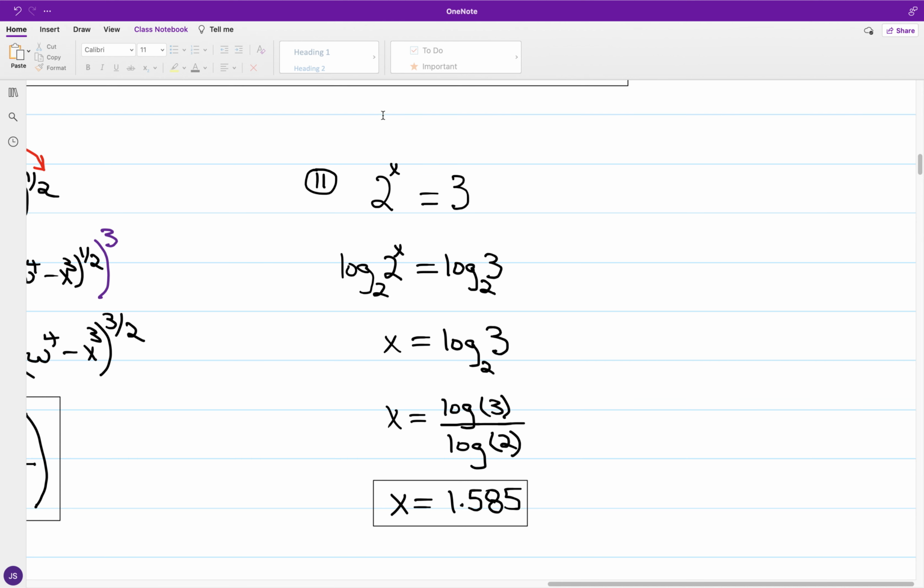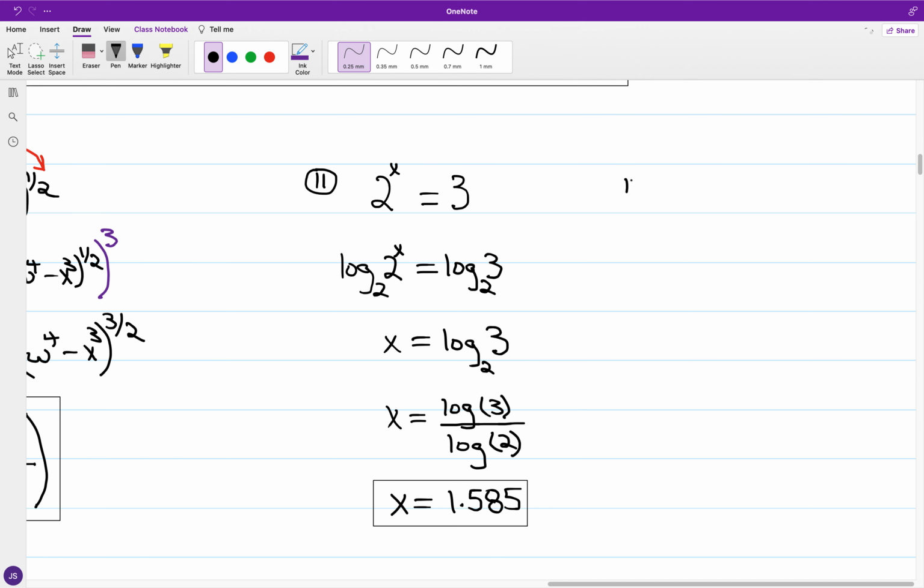Now, for number 12, this time we have the equation in terms of the variable e. In this one, we have e to the x minus 2 is equal to 14.